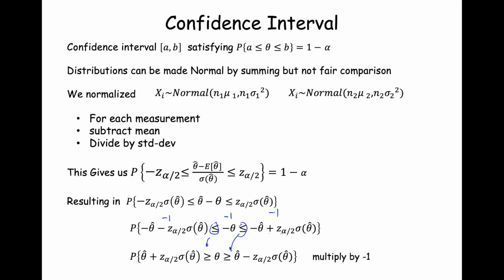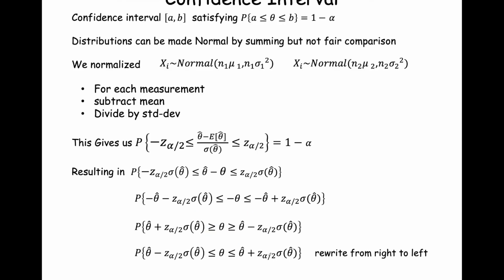We did that multiplication, we get this expression, and now we can rewrite it from right to left instead of left to right. If we read it from left to right, we say theta hat plus our z-score times the standard error of theta hat, is greater than or equal to theta, which is greater than or equal to theta hat minus z-score times standard error of theta hat.